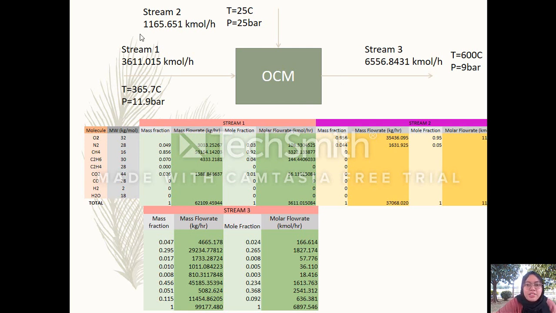This OCM reactor has 2 inputs and 1 outlet. Stream 2 is the input that we get from the ASU, the air separation unit, and then stream 3 goes to the cooler. The outlet of the OCM reactor is 6,556 kmol per hour.